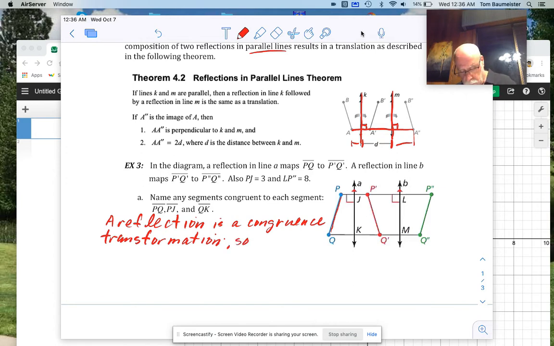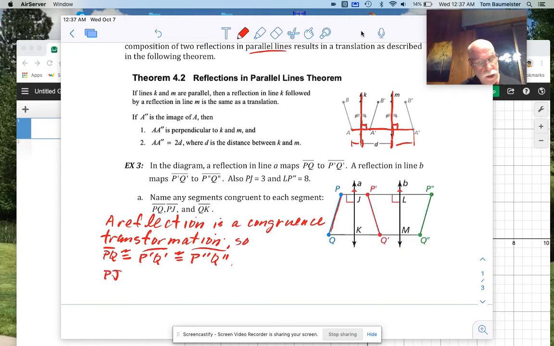So line segment PQ is congruent to line segment P prime Q prime because again it hasn't changed size or shape, which will make it congruent to P double prime Q double prime. So that took care of the first one here. The second one, PJ.